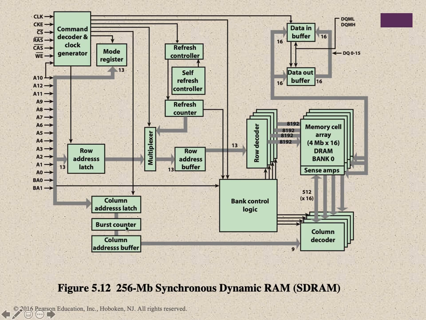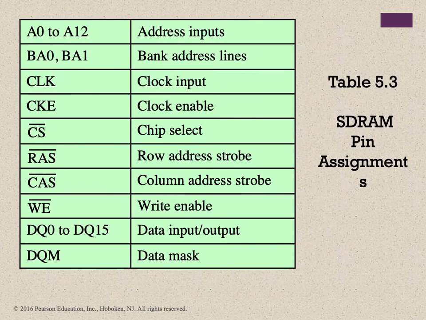And these are the column address latch, burst counter and column address buffer, because memory is accessed by two techniques: one using the row address and the other the column address. All these operations are performed in the bank control logic, which then allows us to access the memory and perform the data in and data out, and both of these data are stored in these buffers. So this is the internal structure of SDRAM, and you see it's more complicated than a simple DRAM cell.